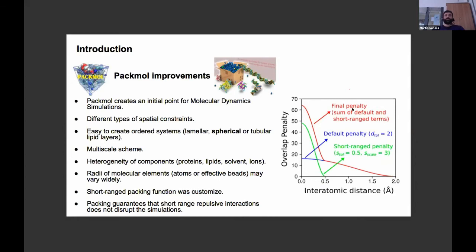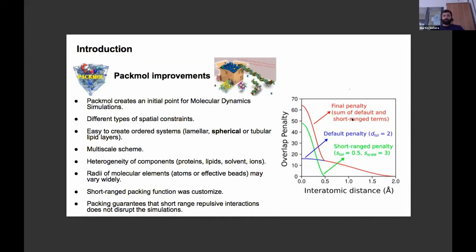Imagine that at the beginning of the packing process, there is a lot of space inside the simulation box, and it is easy to place molecules in those conditions. But as the molecules are placed during the packing process, less and less space is left and clashes start to appear. In this regard, we introduce a final penalty score corresponding to the sum of the default and short range terms, solving the packing problem very well.